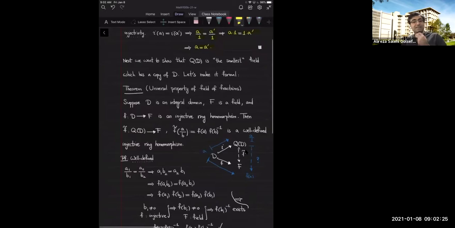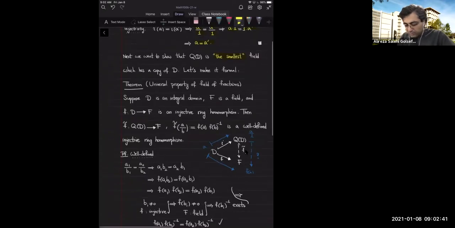Next, I want to say that this field is indeed the smallest field which has a copy of D in it. I have to make sense of this statement. What do I mean that it is the smallest? These are not numbers, so there are no inequalities between them. And what do I mean by copy? The copy we have already discussed. Having a copy should mean that I have an injective ring homomorphism from D to this field, whatever that field is.